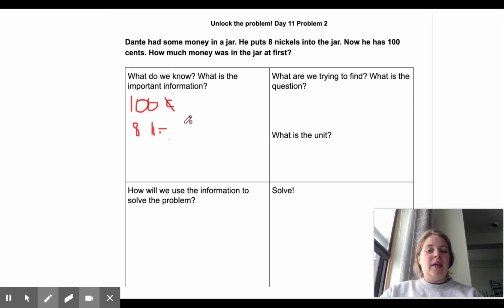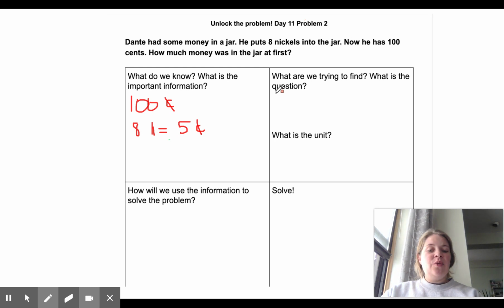So I'm going to put 8n equals 5 cents so that we know. What are we trying to find? We're trying to find how much money was in the jar first. So without 8 nickels, how much money was there?